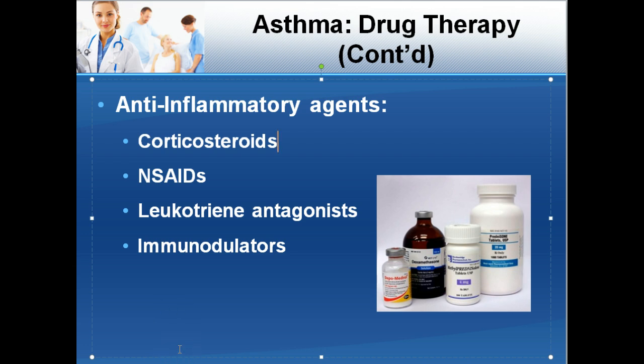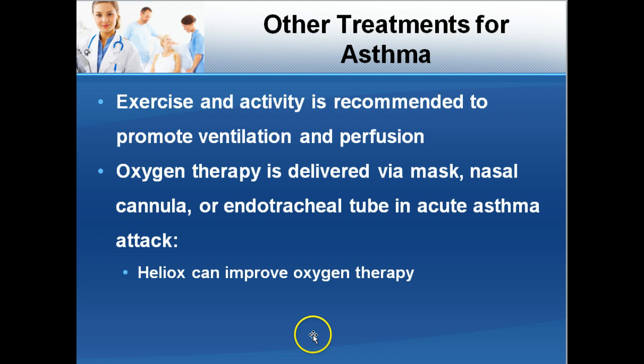So basically, you just know these medicines. Other treatments for asthma would include exercise and activity, which is recommended to promote ventilation and perfusion. Oxygen therapy is delivered via mask, nasal cannula, or endotracheal tube in an acute asthma attack.